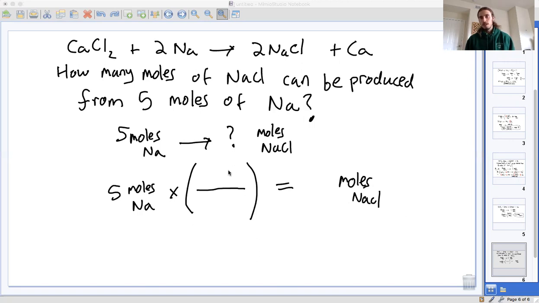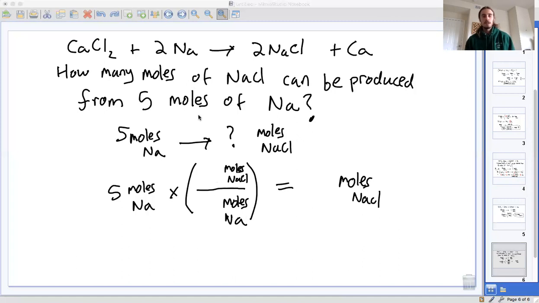So this conversion factor is a ratio of moles of Na to moles of NaCl, right? It's like the exchange rate. It's how those two quantities relate to each other, right? And so I'm going to put moles of Na on the bottom and moles of NaCl on the top. And that way moles of Na are going to cancel. That unit is going to go away.